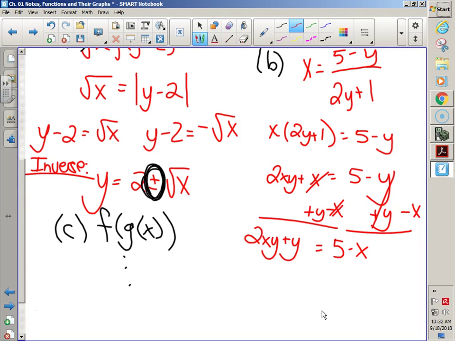It does have an inverse. Multiply, distribute, put the y terms on one side, the non-y terms on the other side, factor.